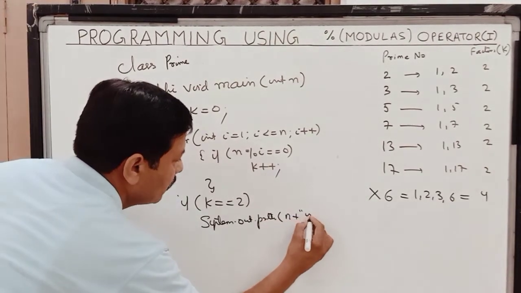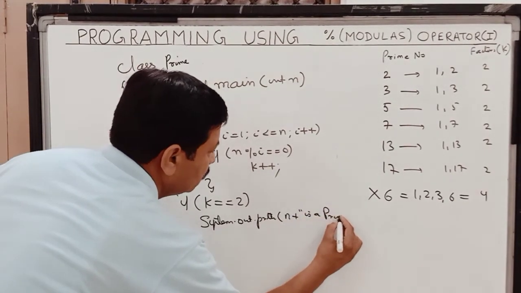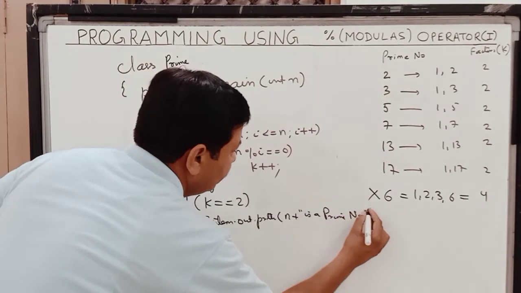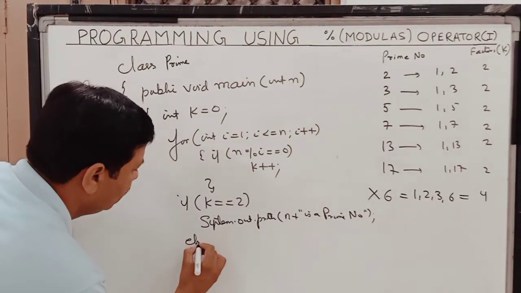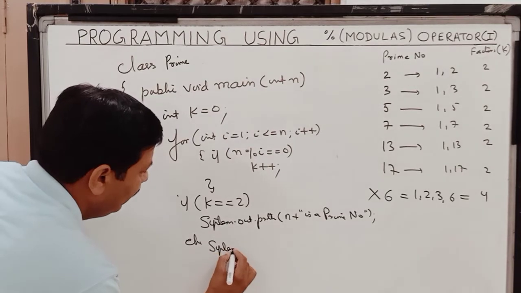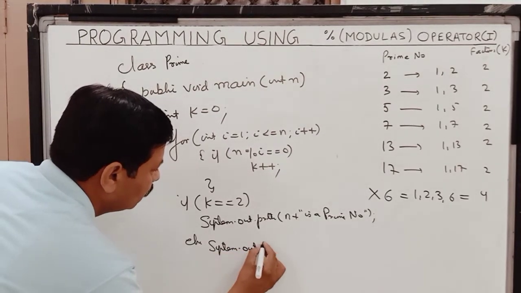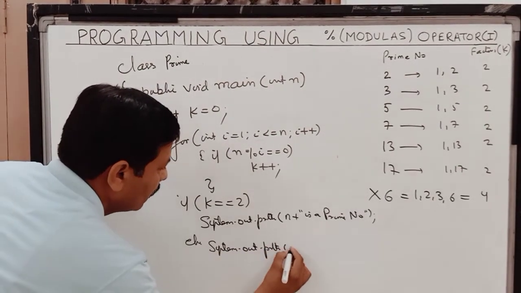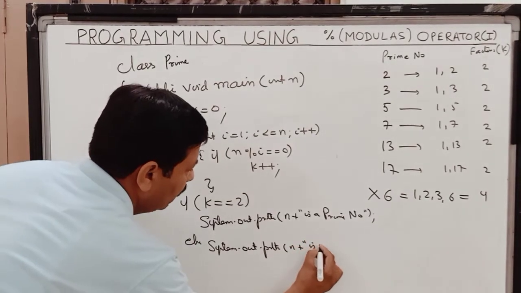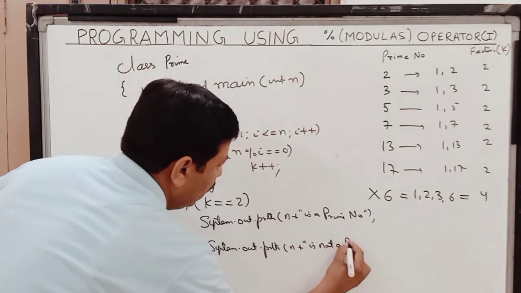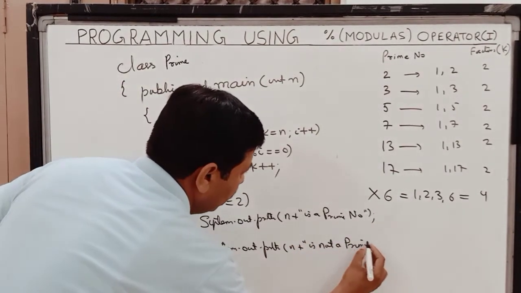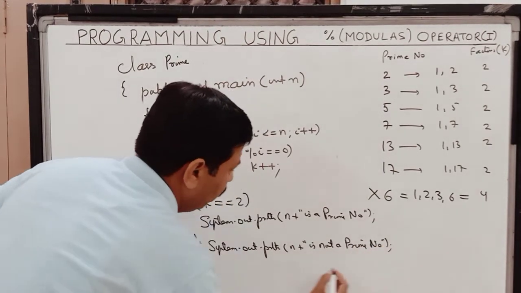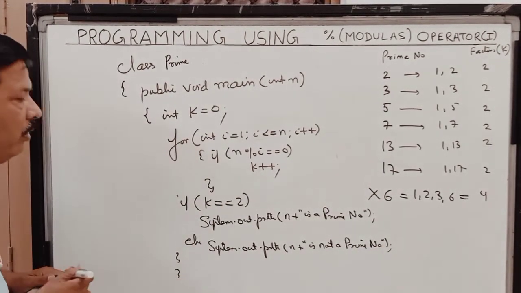n is a prime number, and else we print that n is not a prime. So I hope children this program you have followed.